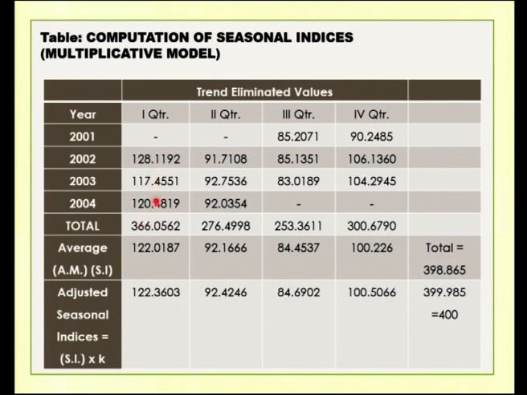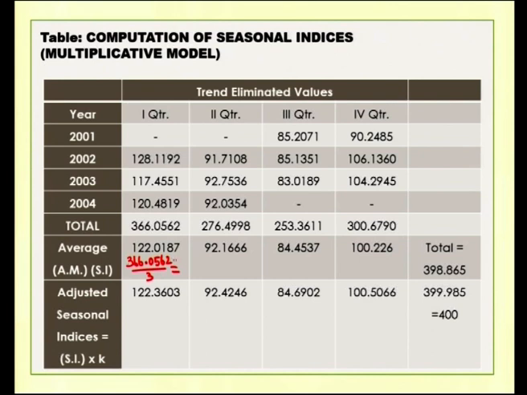These three values are added and written here, and then their arithmetic mean is taken, that is 366.0562 divided by 3 gives you 122.0187. So, 366.0562 by 3 is equal to 122.0187, and then we will see how it is adjusted.